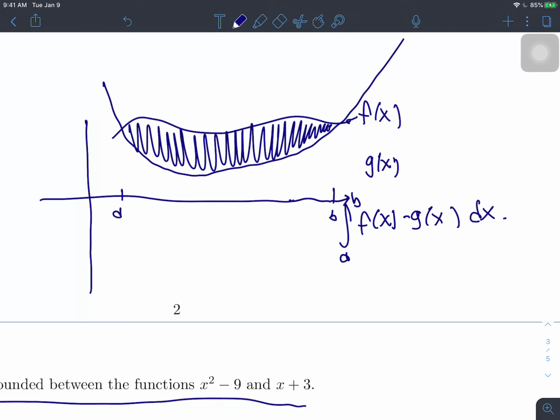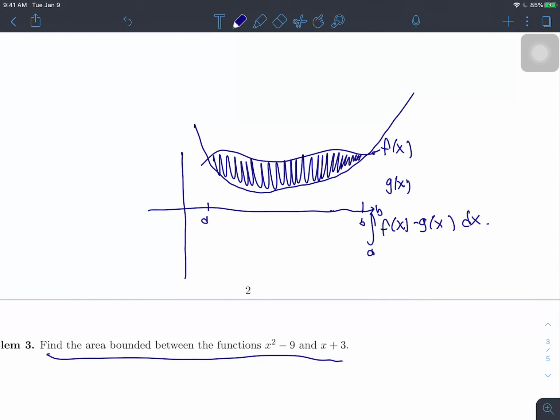Does anybody remember how we found what a and b were going to be? How do we find the points where f of x and g of x cross one another? Set them equal. Yeah, we set them equal. So this is where f of a equals g of a, and here is where f of b equals g of b.